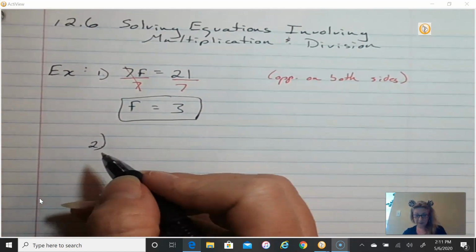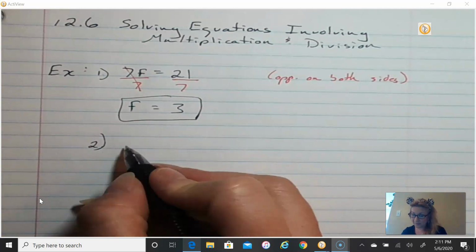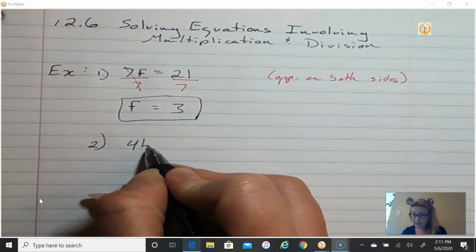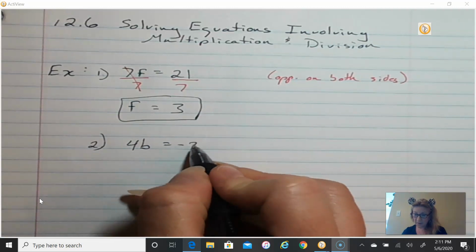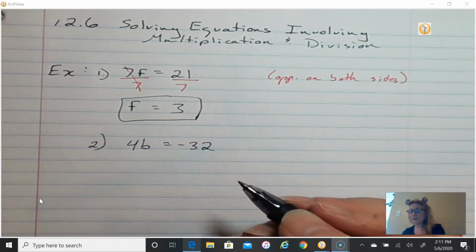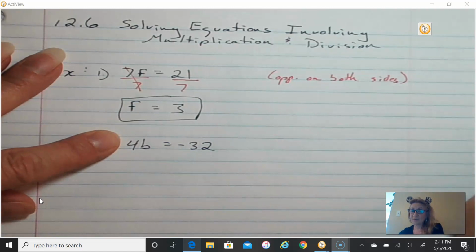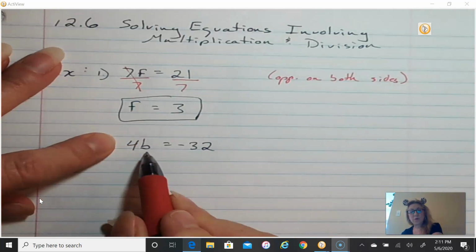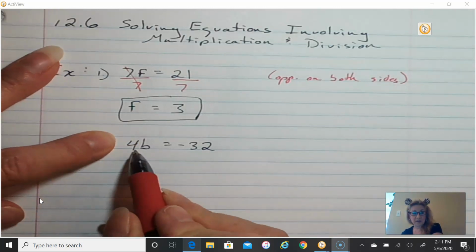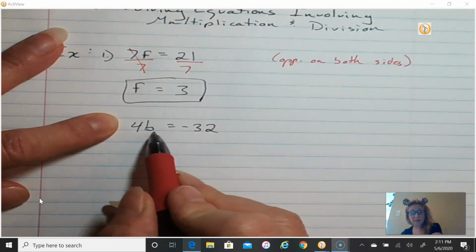Let's do some more. We're going to do a lot, because by the time I'm done, y'all will get this. 4 times b equals negative 32. Okay, we're isolating the variable. We have to get that b all by itself. Okay, so the 4 and the b, what operation are they doing right here? Multiplication.